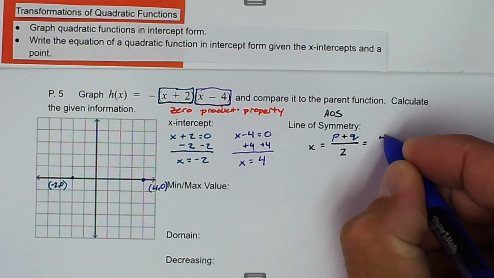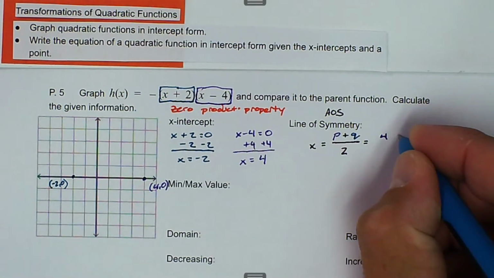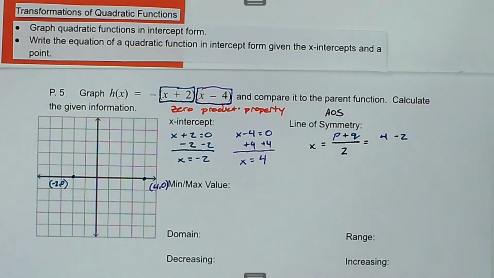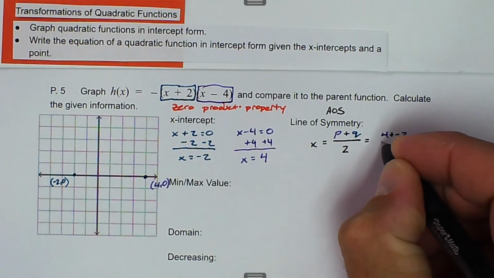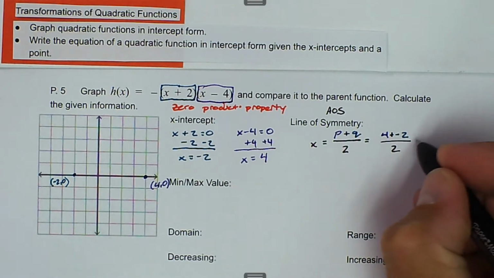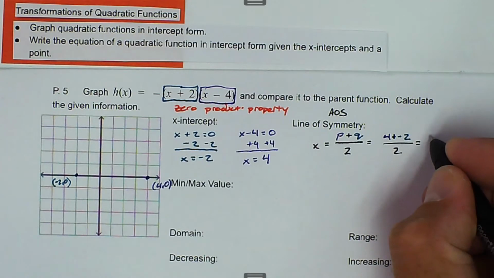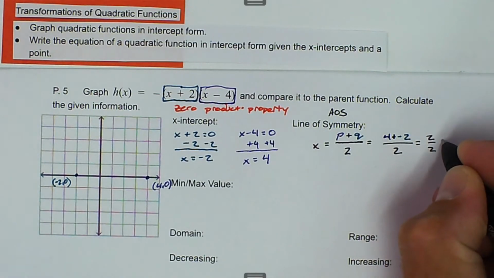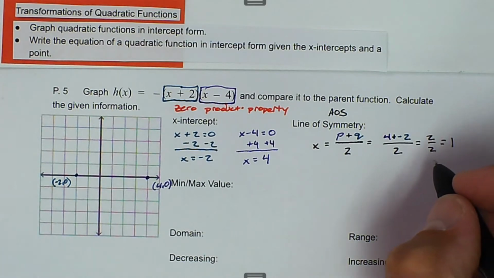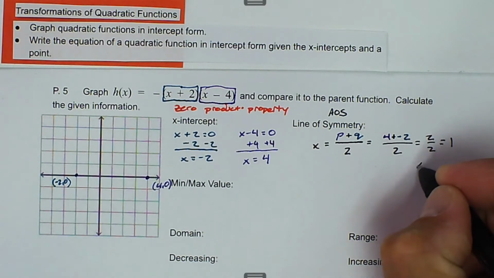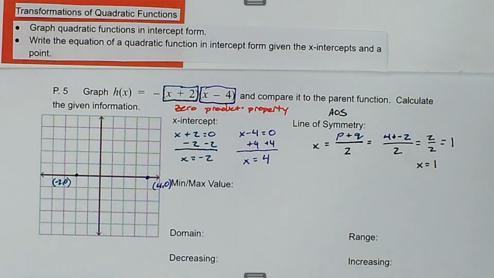So p in this case is 4, and q in this case is negative 2. And the things that always stay are we're always going to average, we're always going to divide by 2. So 4 minus 2, and we get 2 over 2, which is equal to 1. So then we get x is equal to 1 for our axis of symmetry.